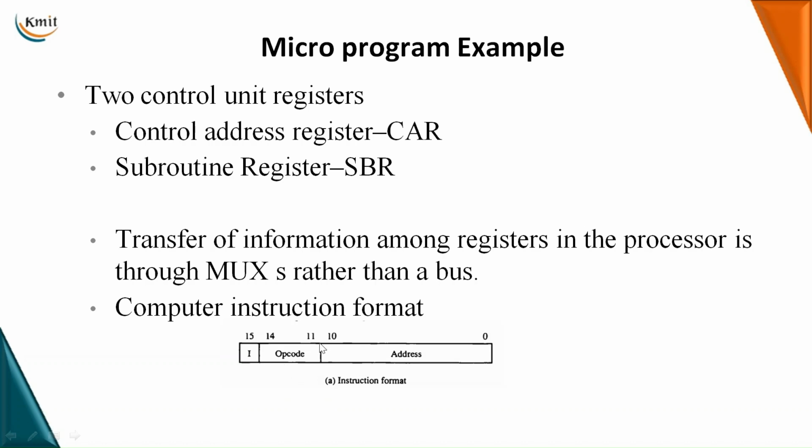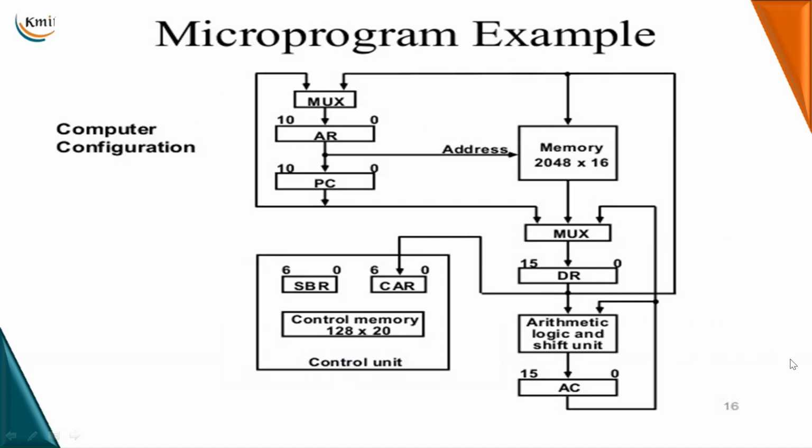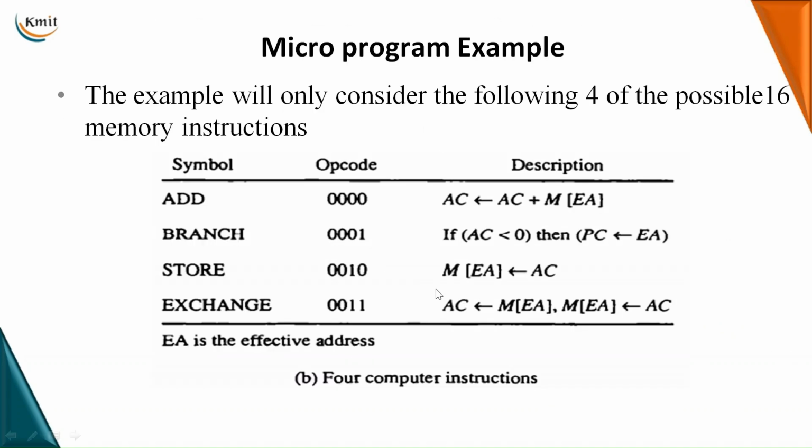Since it is a 4-bit opcode, there are 2 to the power 4, that is 16 possible operations, that can be executed based on a 4-bit opcode, starting from 0000 to 1111.